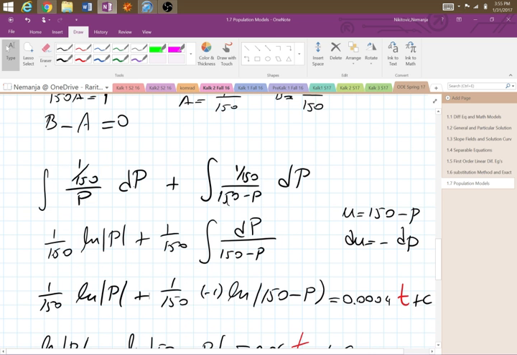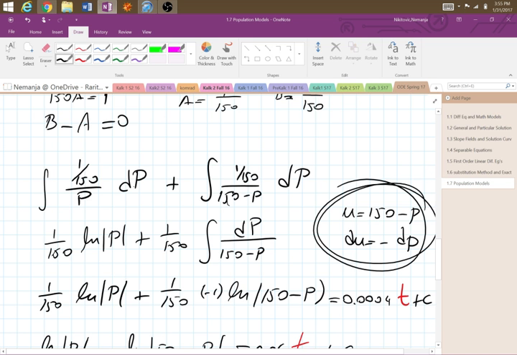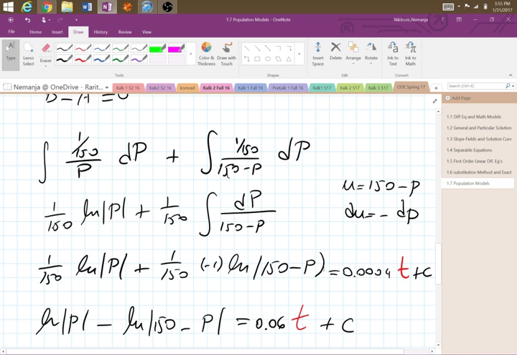So the first one is already done, nothing to do there. The second one is the one where we have to use u-substitution to get rid of this negative P and so on. So what do I have? When I plug that in, I have 150 over, and there's a negative 1.